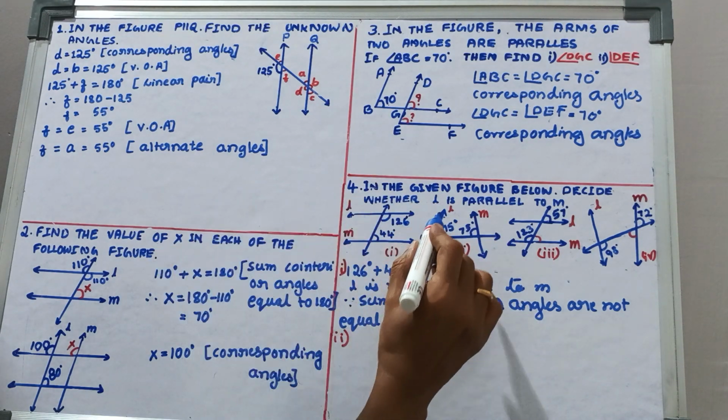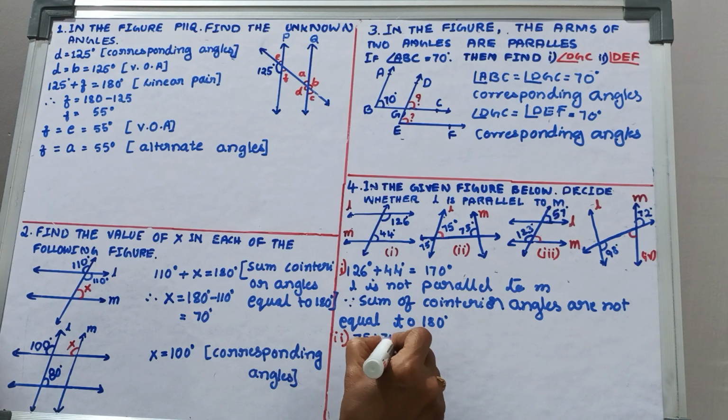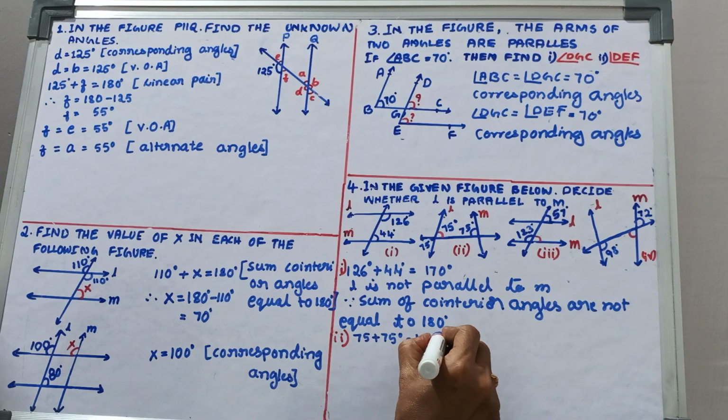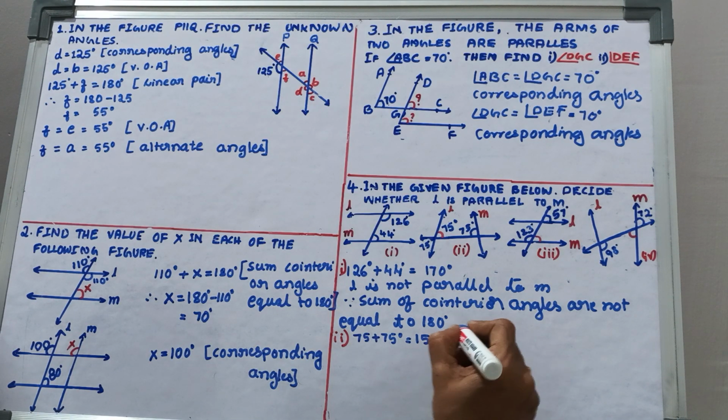If you add it, it should be 180 degree. Now let us check it. 75 plus 75. If you add it, you are getting 150 degree. Here also L is not parallel to M.